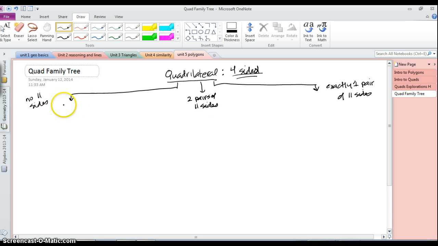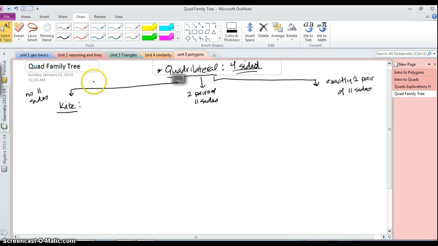So if you go back to that chart, that one quad that had no pairs of parallel sides is the kite, right? And you created a definition for a kite the other day in class. You said that a kite is a quad, which we don't have to restate because now that we're making the family tree, we already know that it's the child of the quad, so it has to be a quad.